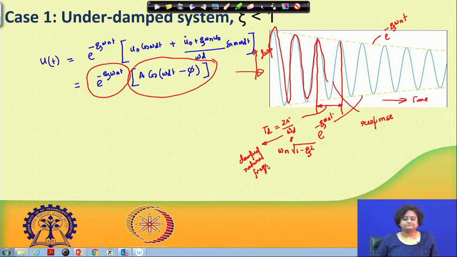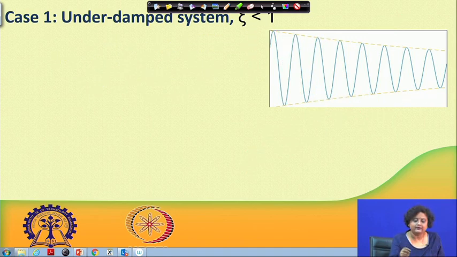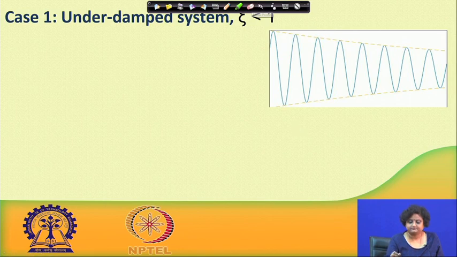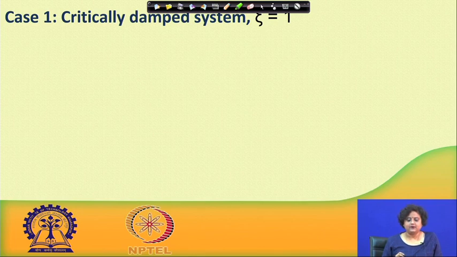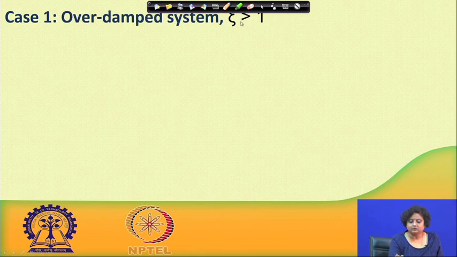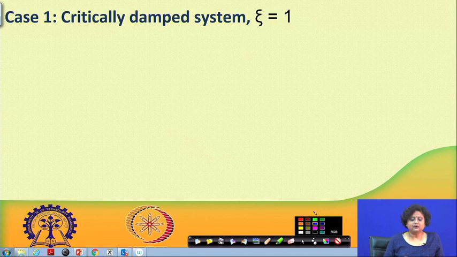Okay. So, I hope that the underdamped system is understood well. Let us now move into the critically damped case. So, let us now go to the second case, which is the critically damped case, where my zeta is equal to 1.